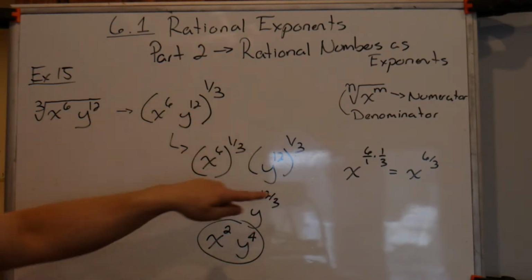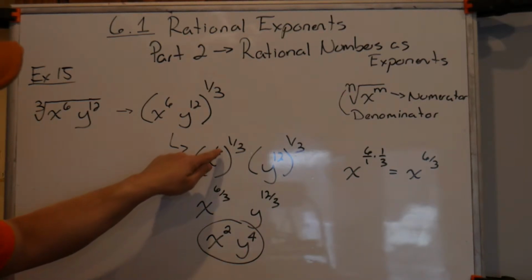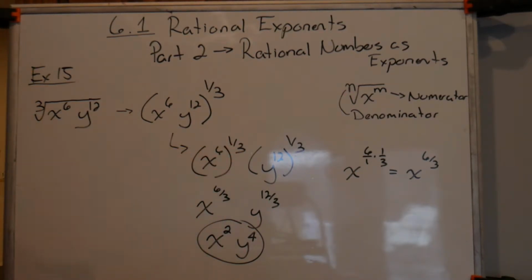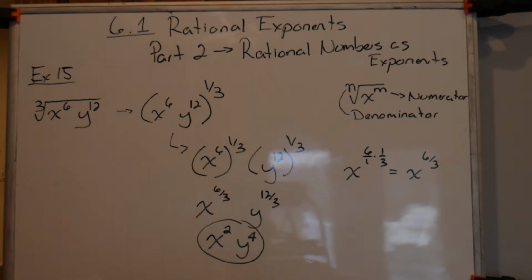The thought process is what we did in part 1 when we took 6 divided by 3 is 2. Well, 6 times 1/3 is 6 divided by 3. 12 divided by 3 is 4. Well, 12 times 1/3 is 12 divided by 3.